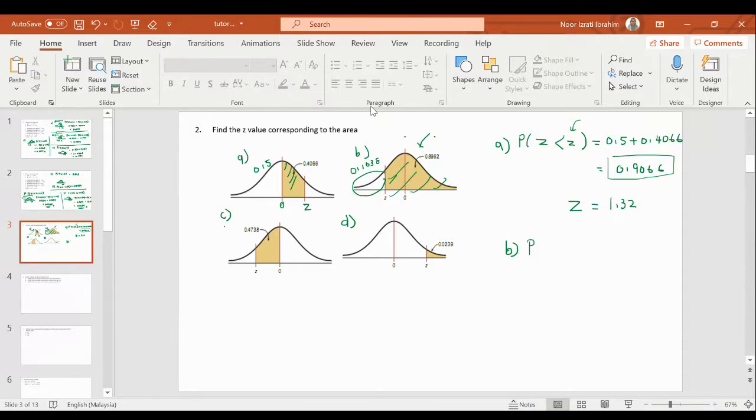So we are given probability when Z less than Z equals 0.1038. So from the table, we can identify the Z as negative 1.26. You have to look at the probability value of 0.1038 or the nearest to 0.1038.